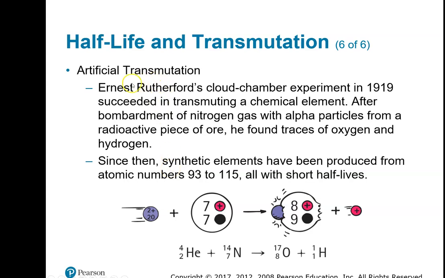All right. So this is the artificial transmutation. We humans can actually force this, right? We can take, for example, nitrogen and bombard it with a helium nucleus and form oxygen 17. So this oxygen 17 is radioactive, and then from that, of course, there's also an energetic proton, which is just the reason they're putting the H there is that a proton is hydrogen, right?